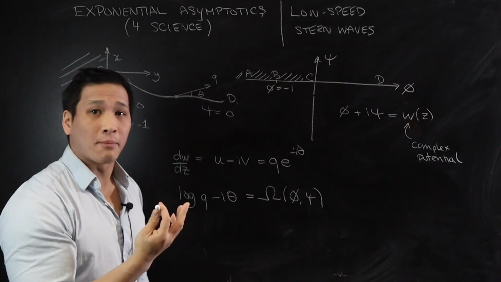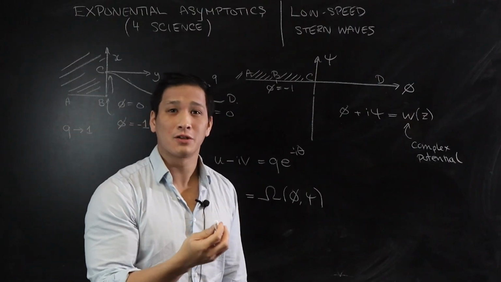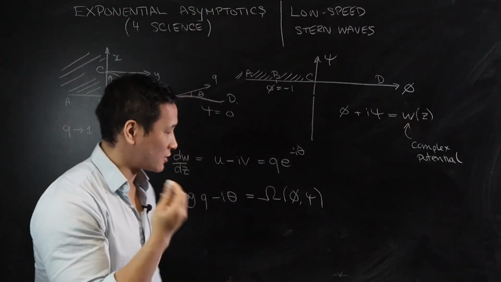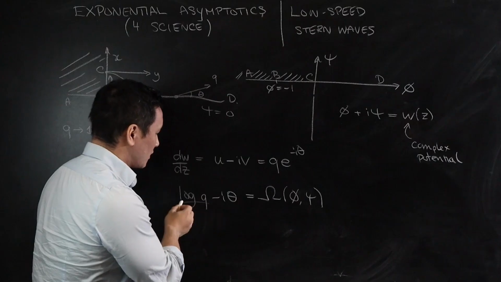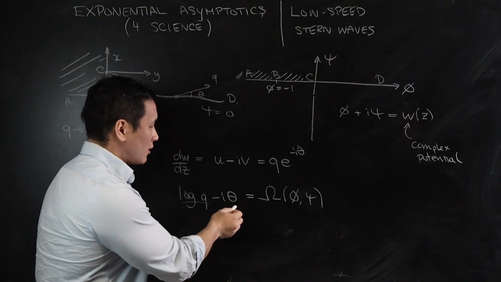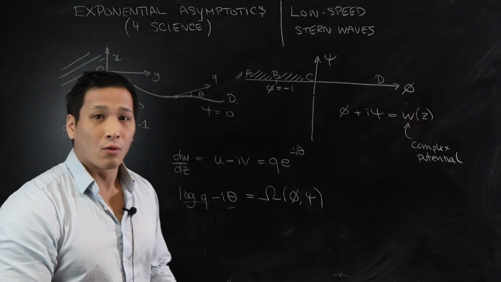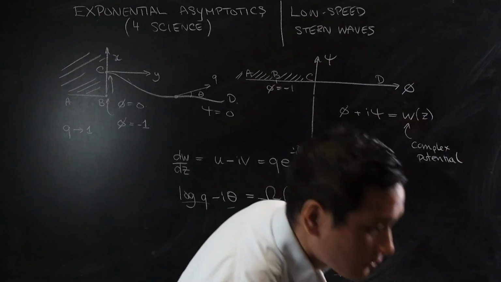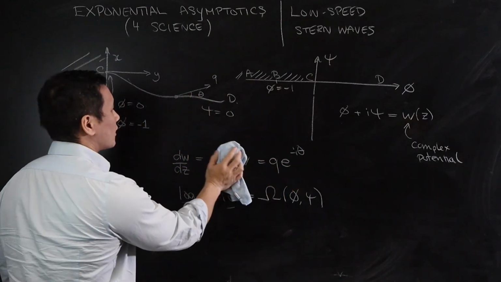Now, there's kind of two components to writing down your set of equations. You're going to need two sets of equations for the two unknowns. The two unknowns will be the log q component and the theta component. One set of equations is going to be given by Bernoulli's equation.